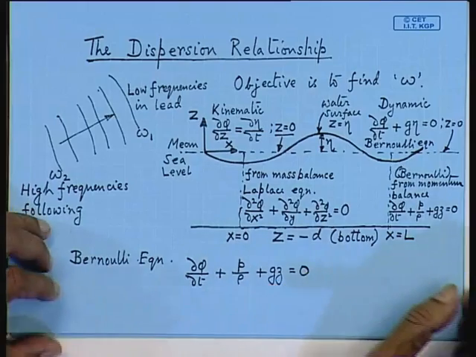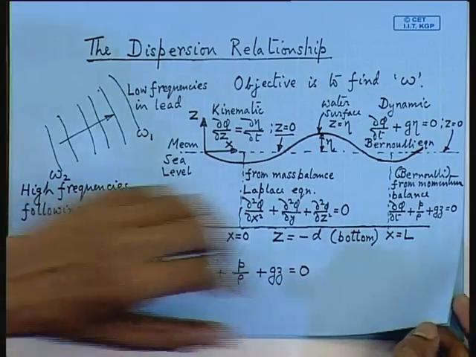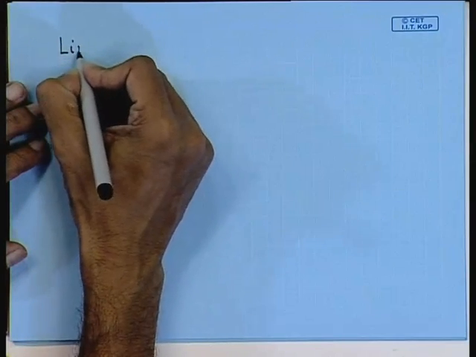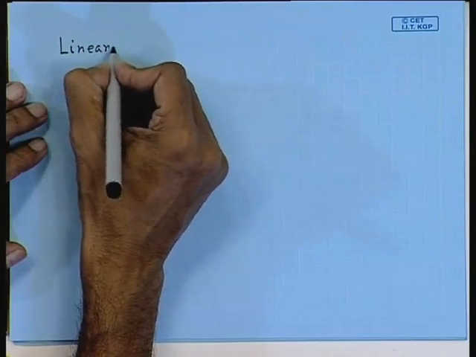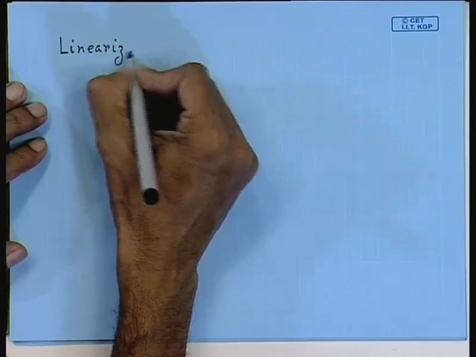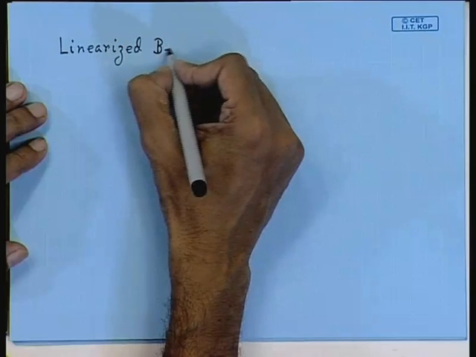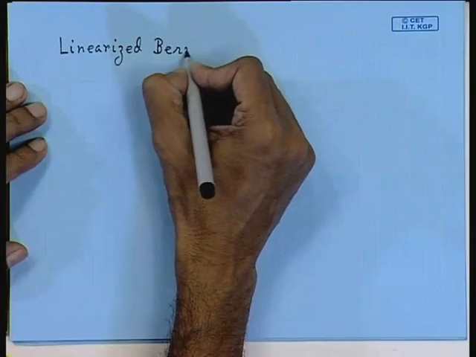Follow? Now, if you put P equal to 0, then you get a much more simplified equation. That is called the linearized Bernoulli equation.